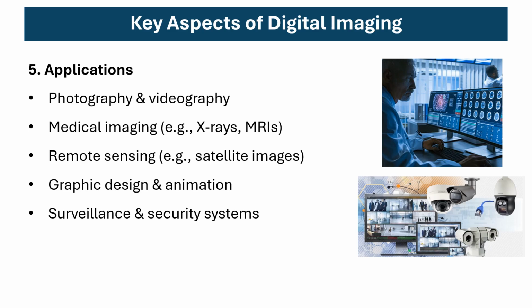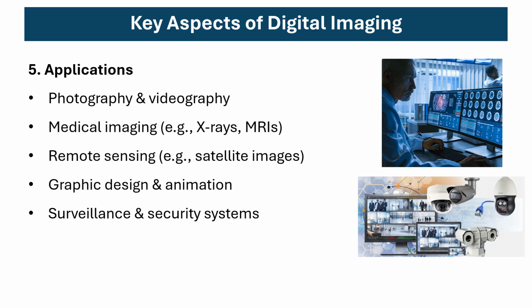Now, another key aspect is application. Where are digital images being applied? Digital images can be applied in photography and videography, meaning still pictures or still photos and moving pictures actually. Also, when we use X-rays and MRIs, those machines take digital images that are used to diagnose some diseases.